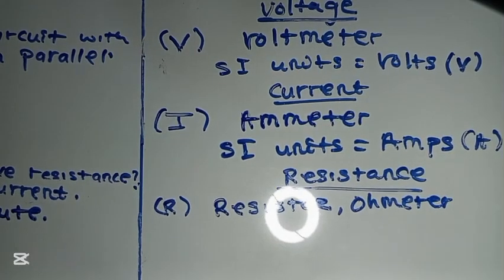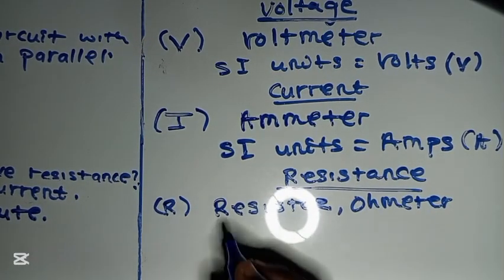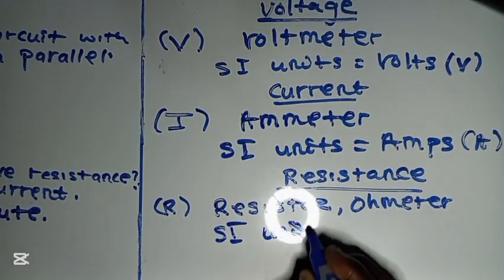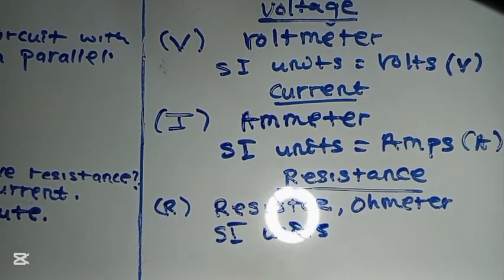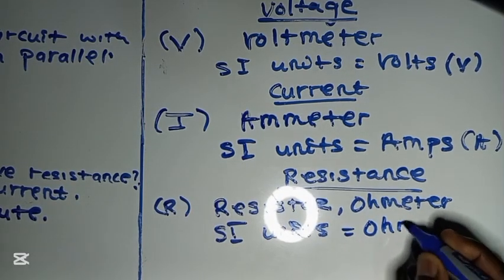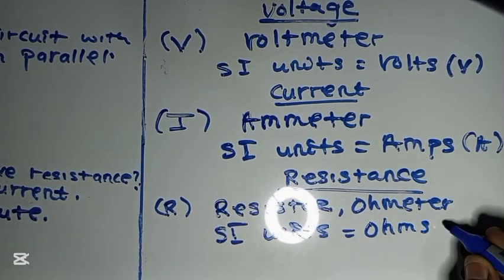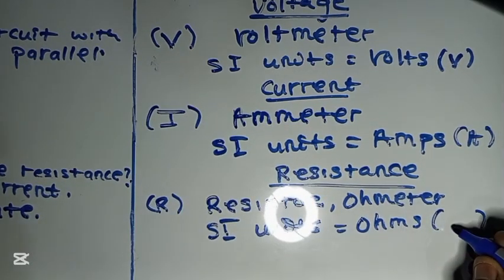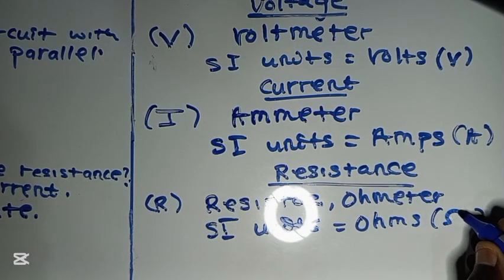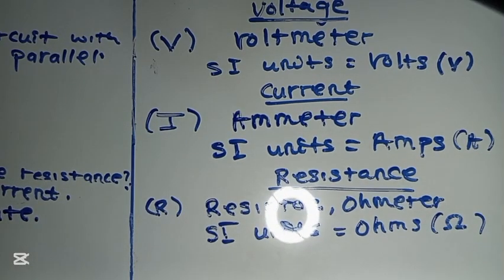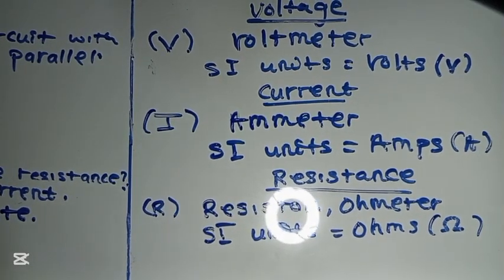Both of them measure resistance. The SI unit for resistance is ohms, represented by an omega symbol, written like this.